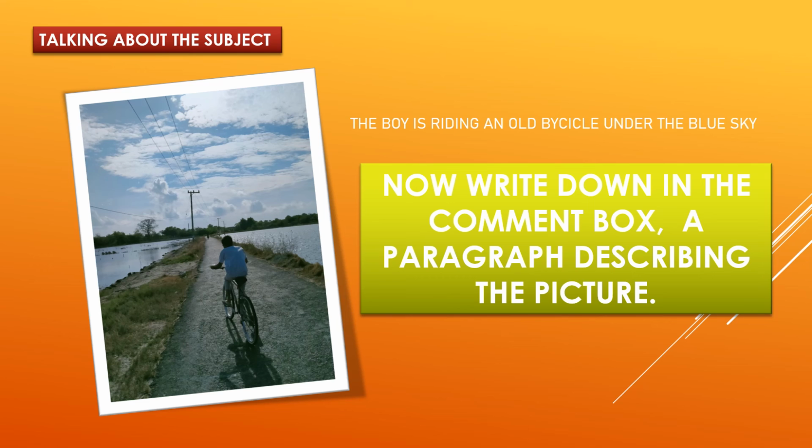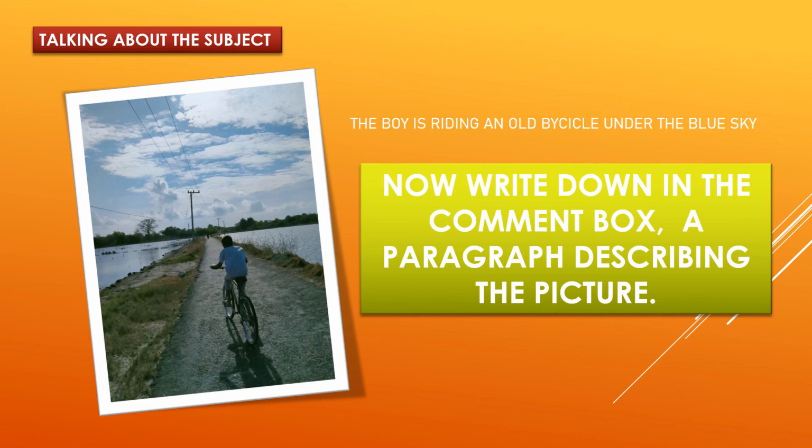Write a good paragraph. This is an example, and I want you to write down in the comment box. For example, I have this picture. This is the one that I used in the reading section. You give them the first sentence of the picture to trigger your students. For example, the boy is riding an old bicycle under the blue sky.